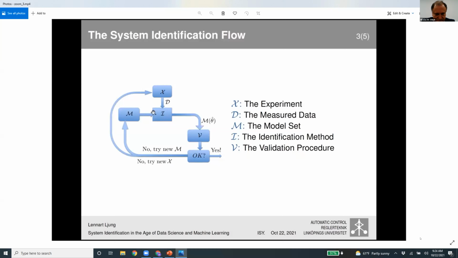We then select a model in the model set guided by the data by optimizing the fit between the model and the data. Some sort of least squares fit between the model output and the observations is typically used. So with this model, we now have to validate it and see if it is useful for our purpose. Depending on the outcome of that, we may have to go back and try a new model set or a new experiment before we are satisfied with the model.